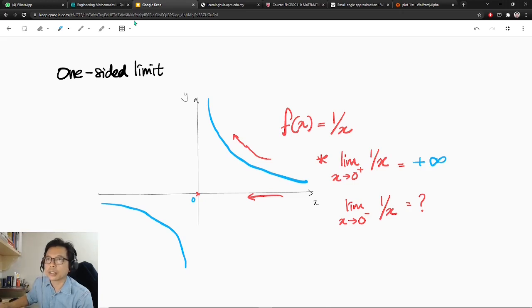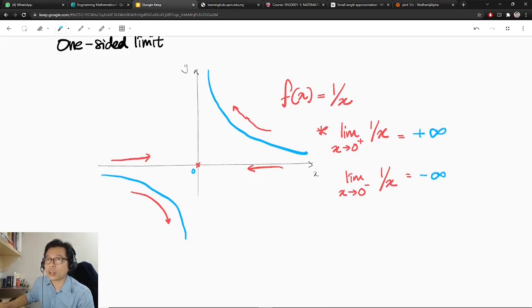Now, a different thing happens when you approach 0 from the left-hand side. As you approach this, you can see that f(x), or y, is going to be minus infinity. So although both go to infinity, one approaches plus infinity and the other approaches minus infinity.